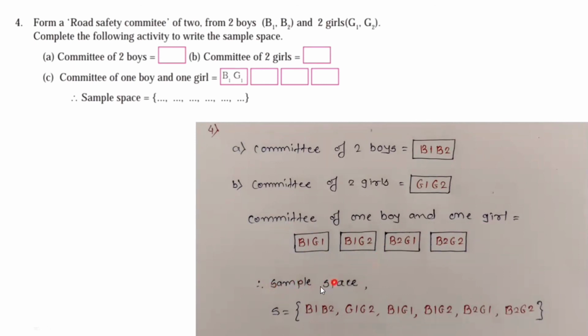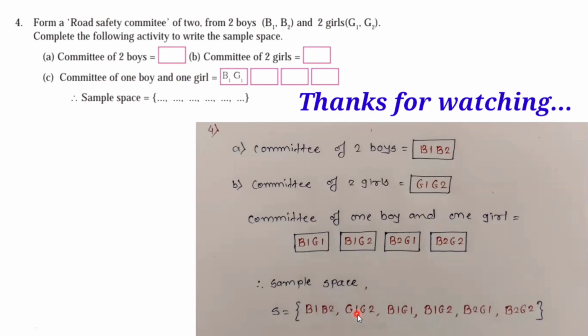To make a committee of 2, we may have all these possibilities: a committee of just 2 boys, or just 2 girls, or 1 boy and 1 girl. That's why in the sample space we have all these possible outcomes: B1B2, G1G2, B1G1, B1G2, B2G1 and B2G2. So in this sample space, we have these 6 sample points.